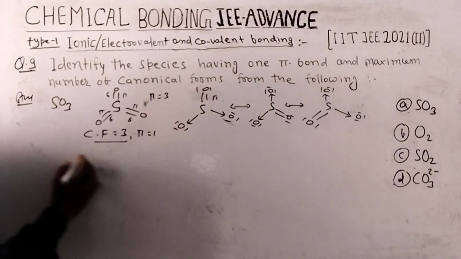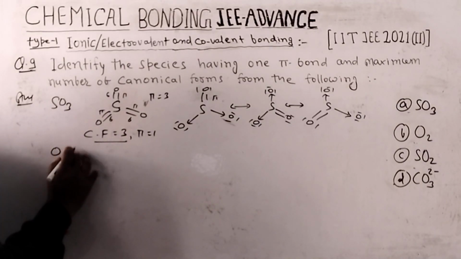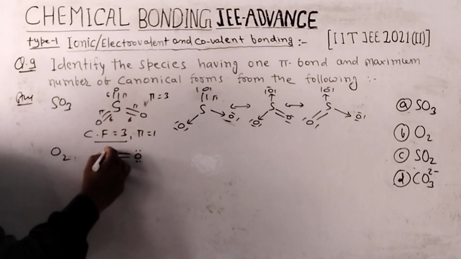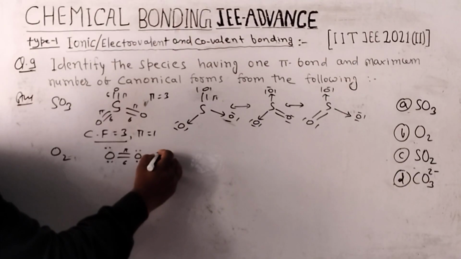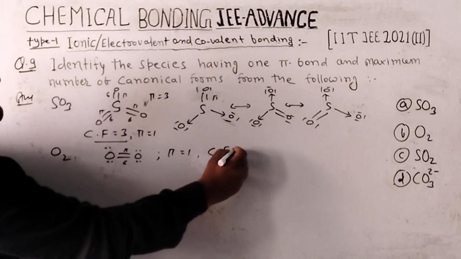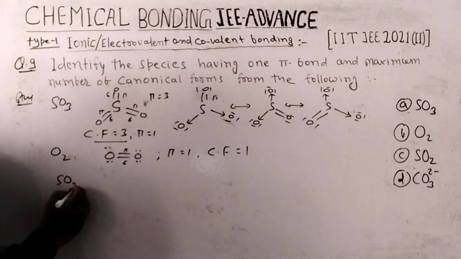Now in case of O2, we can observe in O2 there is one sigma and one pi. So the number of pi bond is equal to 1, and CF, canonical form, is 1. Now the next option is SO2, not SO3.